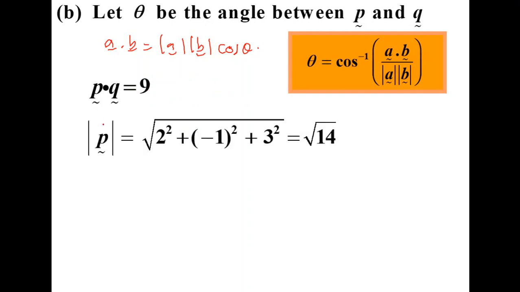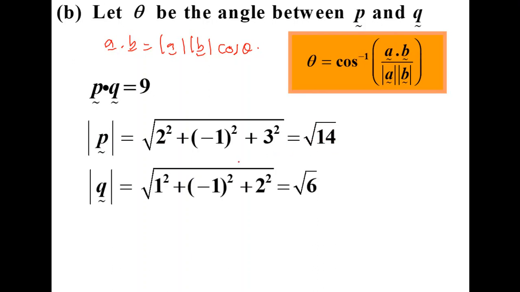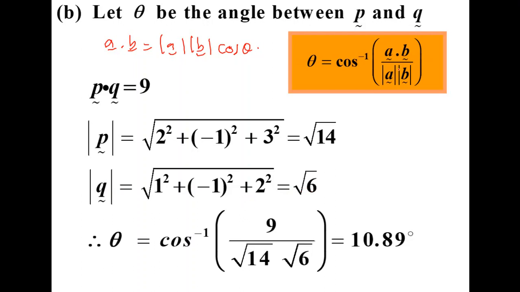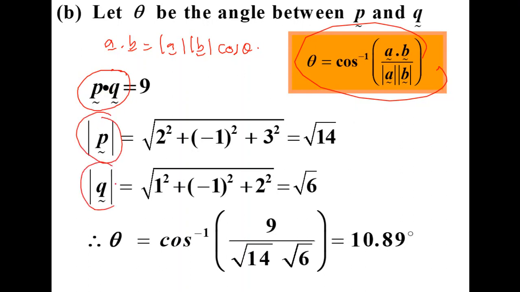Find modulus of vector P: substitute, and the answer is 14. And modulus of vector Q: substitute all the components, and the answer is 6. Substitute in the formula and find theta is equal to 10.989 degrees. Make sure you know how to find the dot product and how to find the modulus of the vectors.